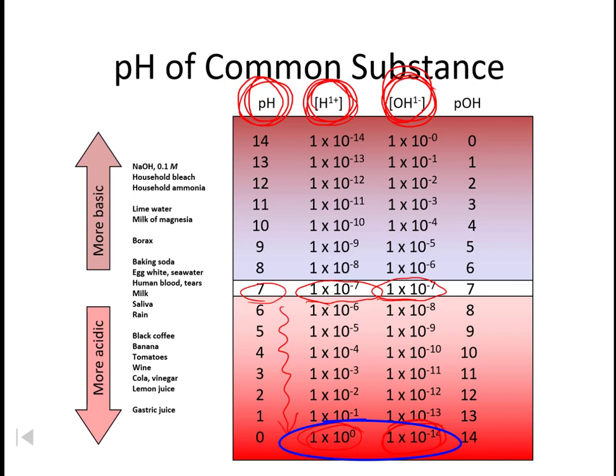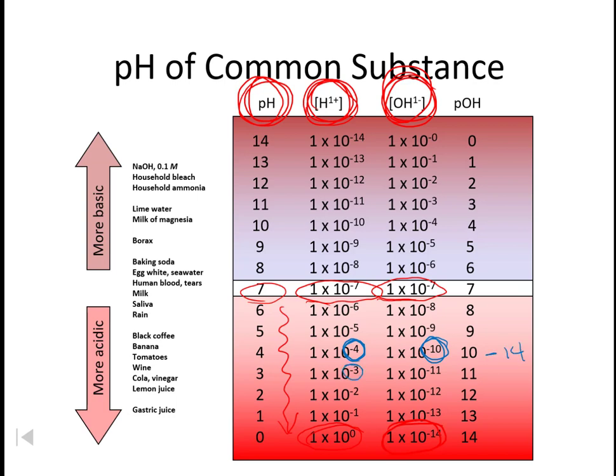I want to point something out here. It's kind of a cheat. If you look here at our hydrogen ion concentration exponent, and here at our hydroxide ion concentration exponent, if you add -4 to -10, what do you get? You get -14.